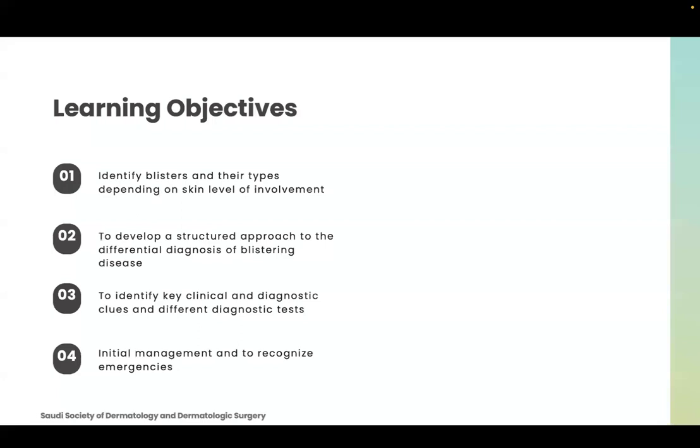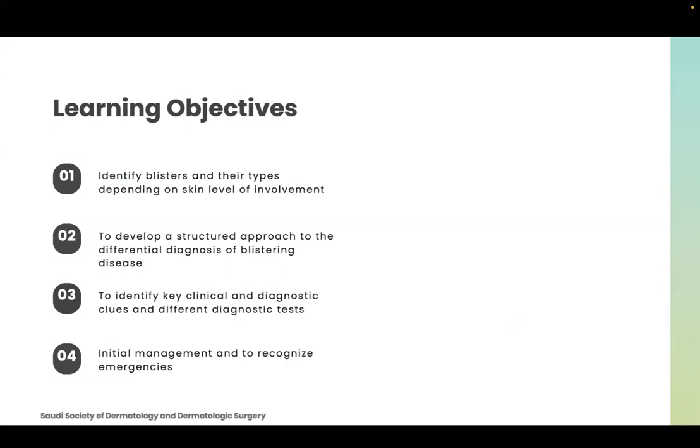These are the learning objectives from today's presentation. First, to identify and differentiate between blisters and vesicles and the types of blister, whether tense or flaccid, and how it correlates histologically with the degree of separation in the skin layers.